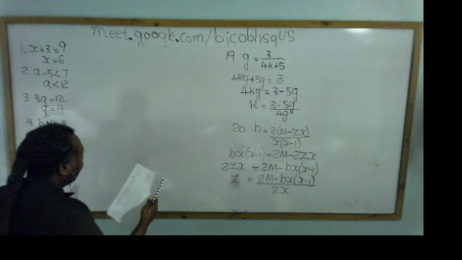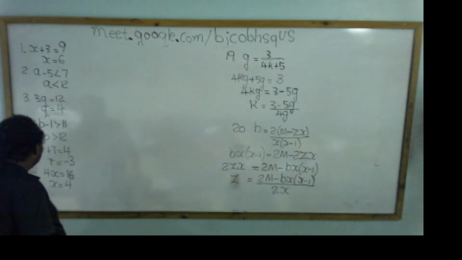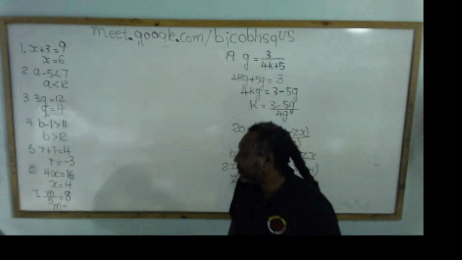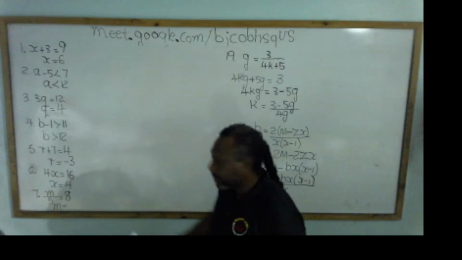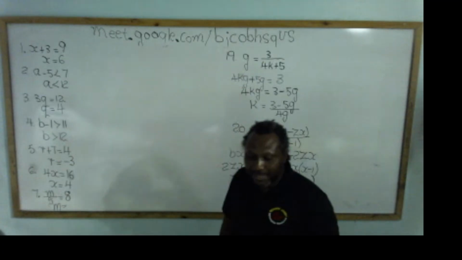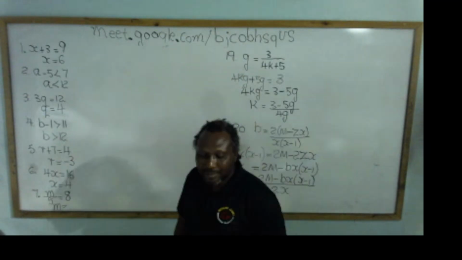M over 5 is equal to 8. What is M equal to? M is being divided by 5 on the left hand side. We will eliminate the 5 by multiplication.